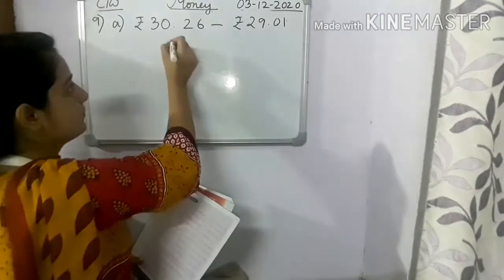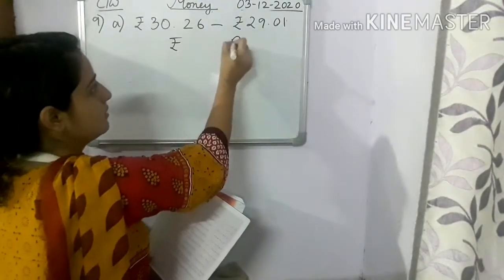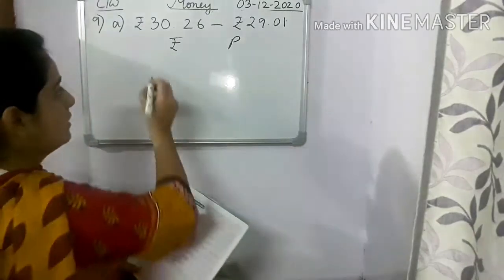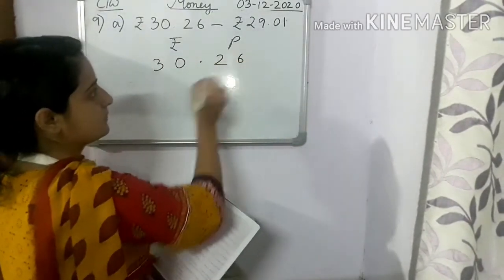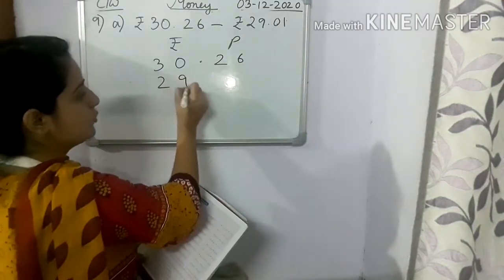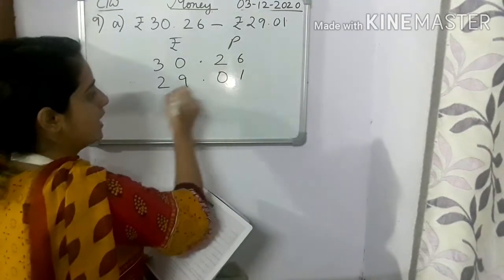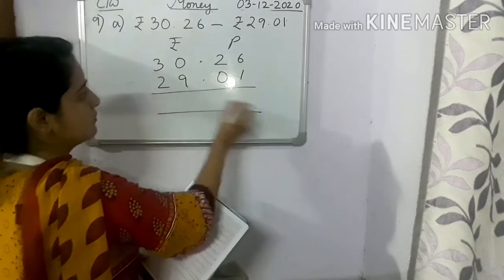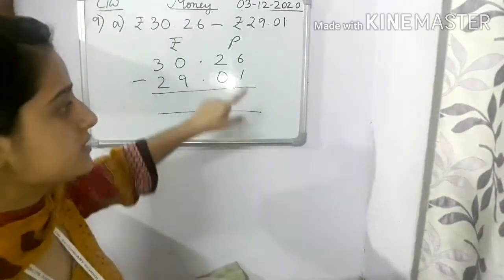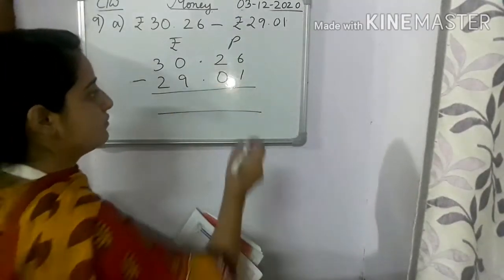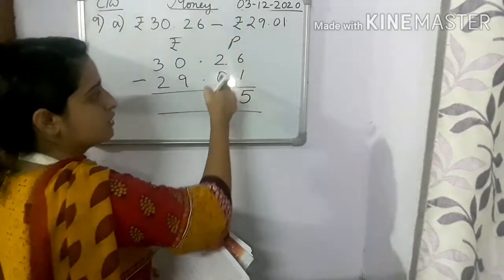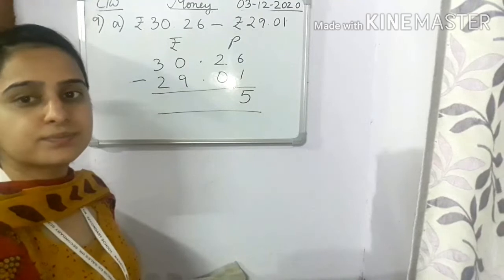So let's do rupees and paise. 30 rupees dot 26, then 29 rupees dot 01. Now let's subtract. 6 minus 1 is 5. 2 minus 0 is 2.